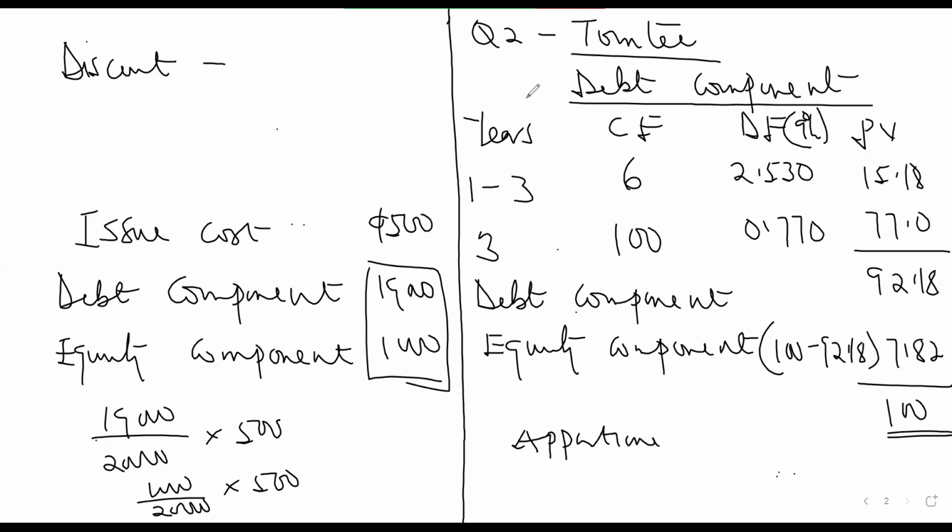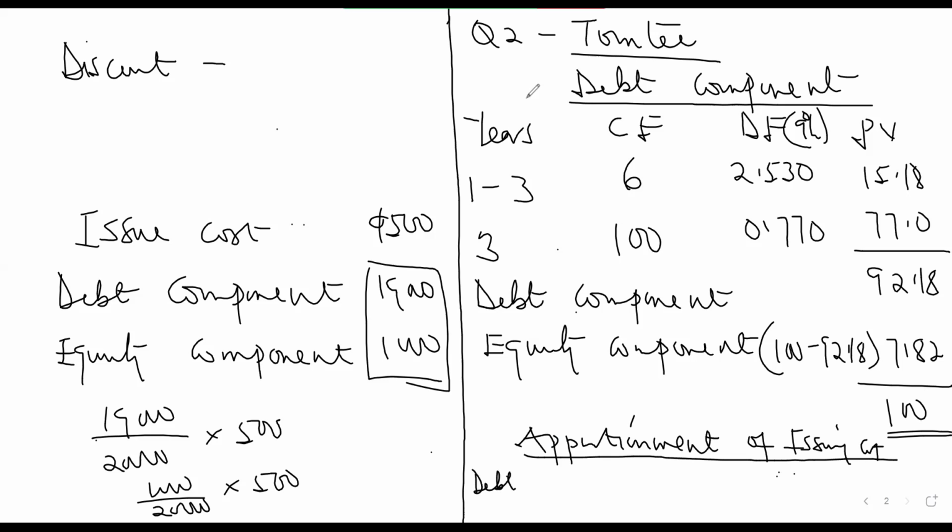Let's come to apportionment of issuing cost. All right, so let's come to the debt. The debt component will be shared based on their carrying values. So we have 92.18 divided by 100 multiplied by 1 million.